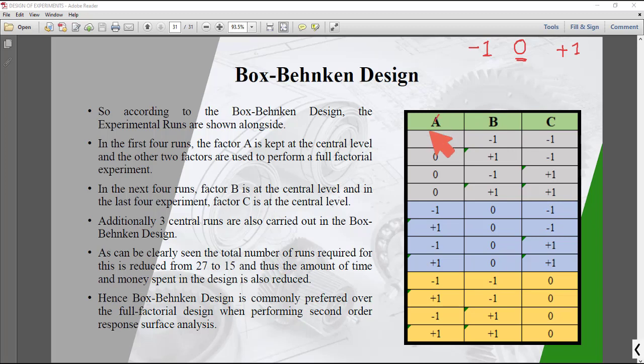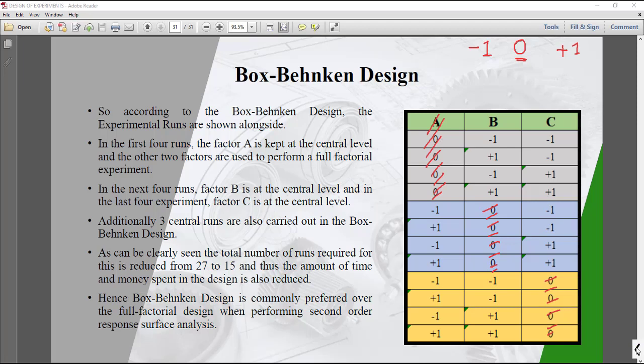First assume that there is no factor A. Just do a full factorial experiment for BC. That is what I have done: -1, -1, plus minus, minus plus, plus plus, right? Then assume that factor B is not there and just perform full factorial experiment for AC. So I have done that, and then assume that C is not there and perform full factorial experiment for AB.